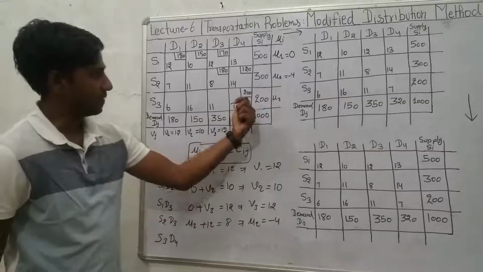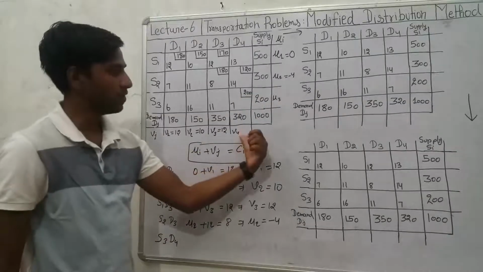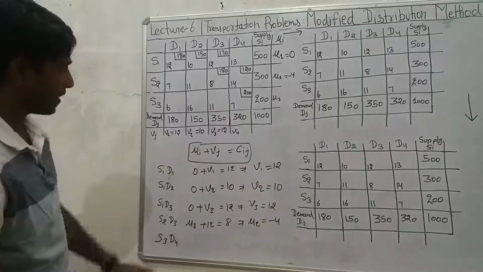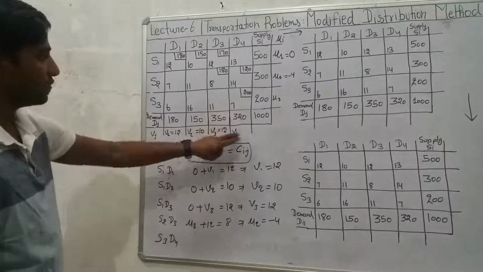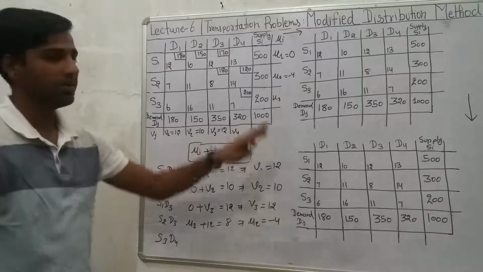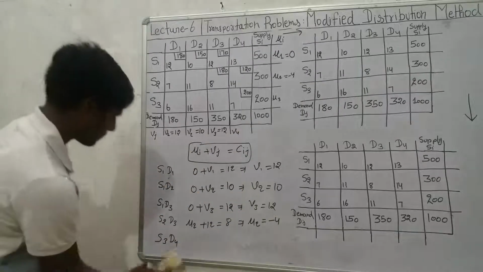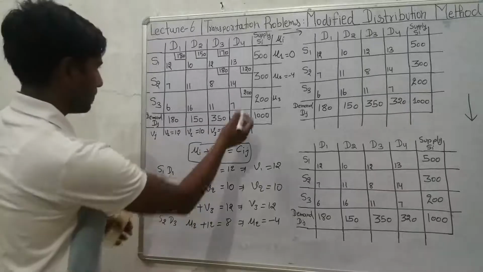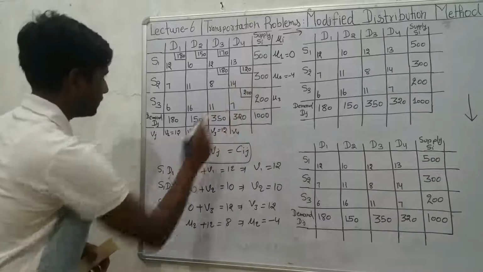Look at this cell. Now we don't have V4 and we also don't know the value of U3. So we cannot apply this cell to calculate the values of V4 or U3. So let's move on. Come to this cell S2D4.